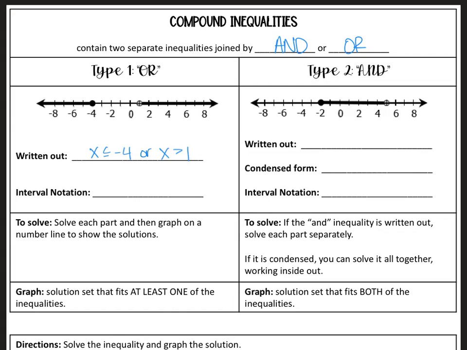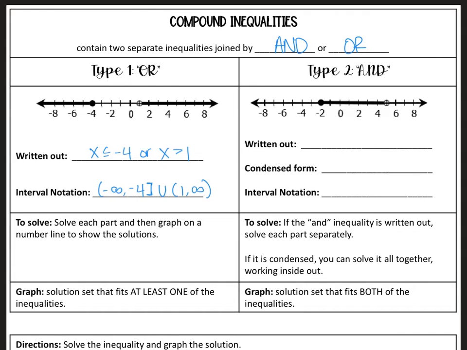All right, in interval notation, we now have two intervals to write. So negative infinity to negative 4 bracket, union, which just means or, 1 to infinity.